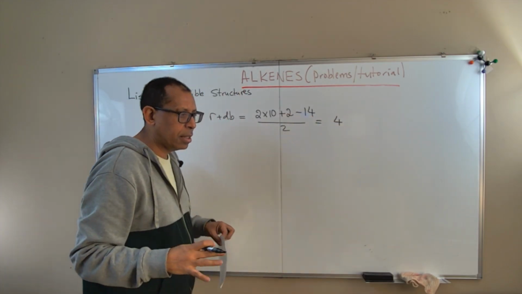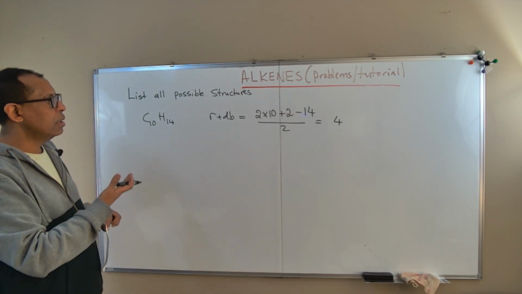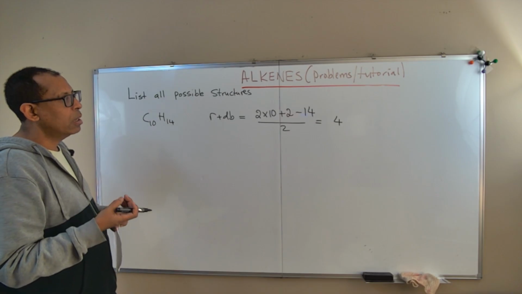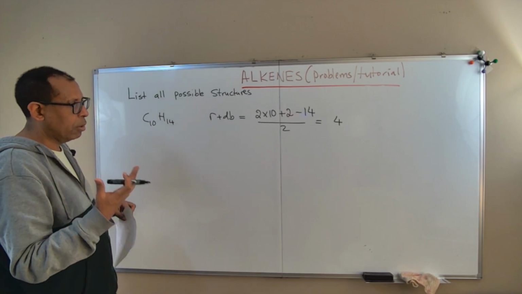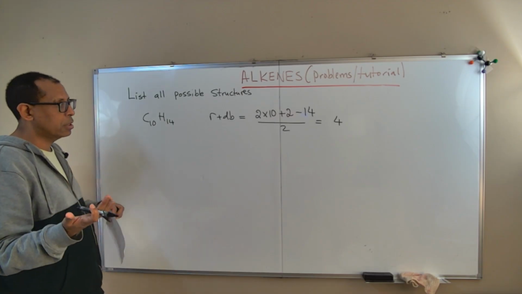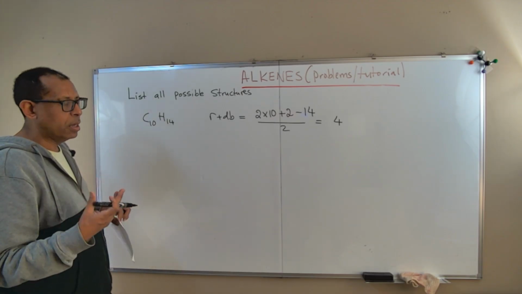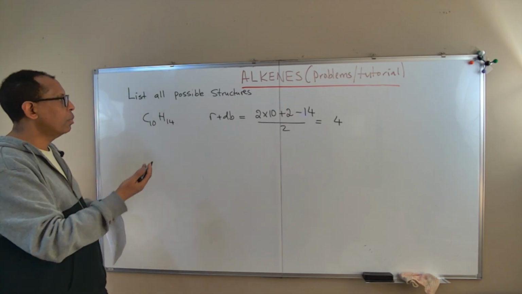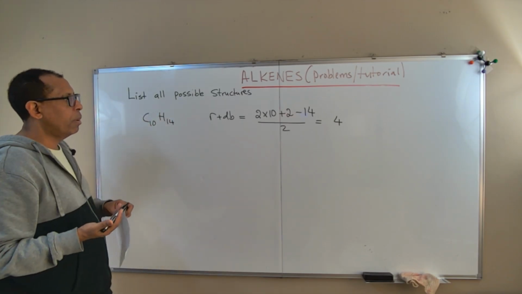So this is a highly unsaturated compound. That means it has at least 4 alkene groups, meaning 4 double bonds, or it could have 1 ring system and 3 double bonds. Usually I would start with one example to list all the possible structures.